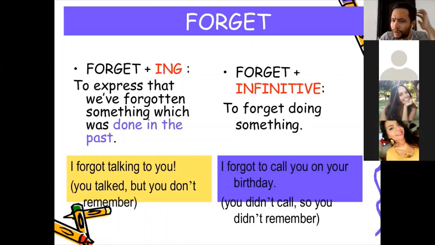Ahora en este momento no recuerdas que hablaste con esa persona. And forget with the infinitive is simply forgetting to do something, olvidar por completo. So, I forgot to call you on your birthday. You didn't call, so you didn't remember, right? No llamaste, olvidé llamarte en tu cumpleaños. No te llamé en absoluto, simplemente no lo hice.